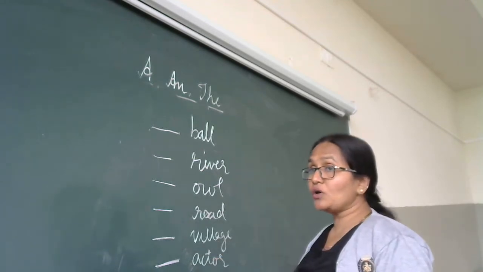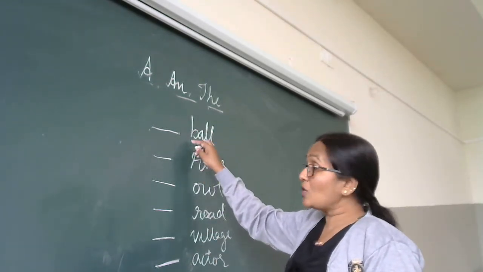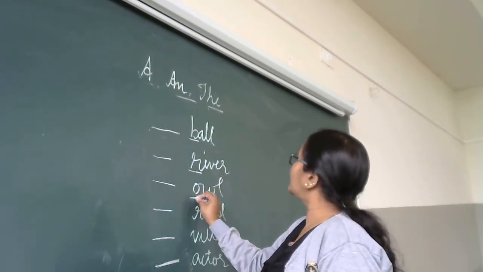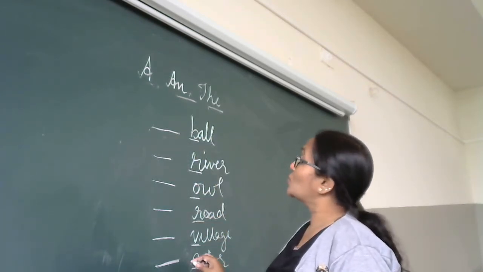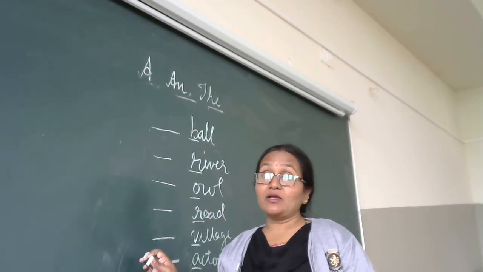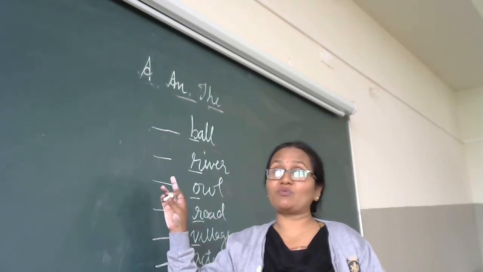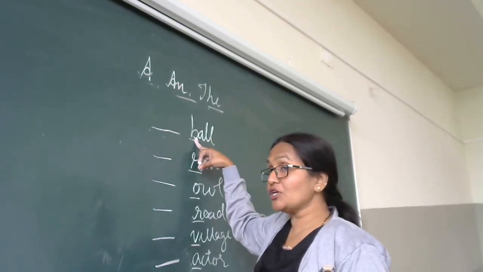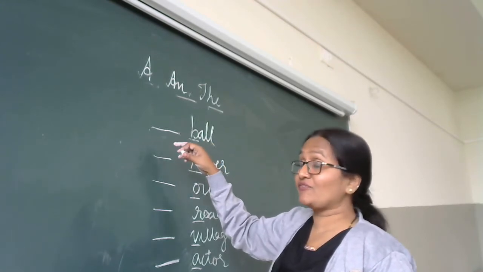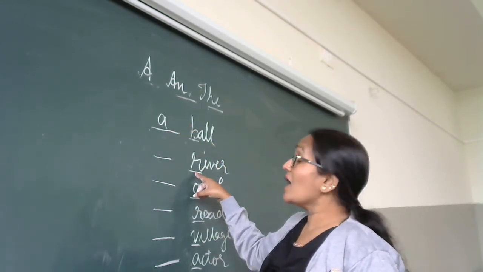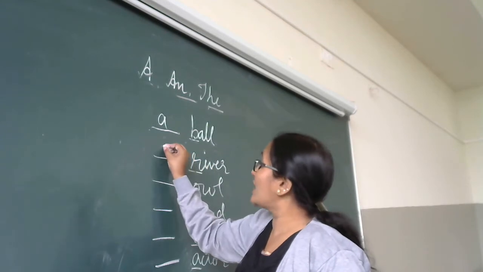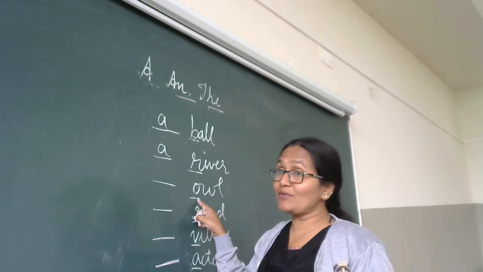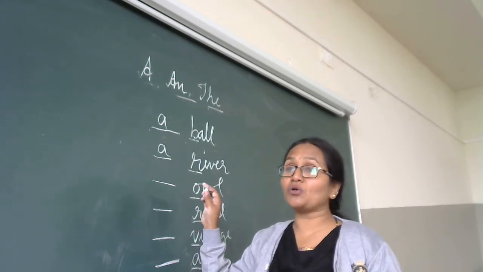As I told you, we use a before words that begin with a consonant. Now, is B a vowel or a consonant? It's a consonant, so we use a. R also is a consonant, so we use a river. Now O is a vowel. A, E, I, O, U.